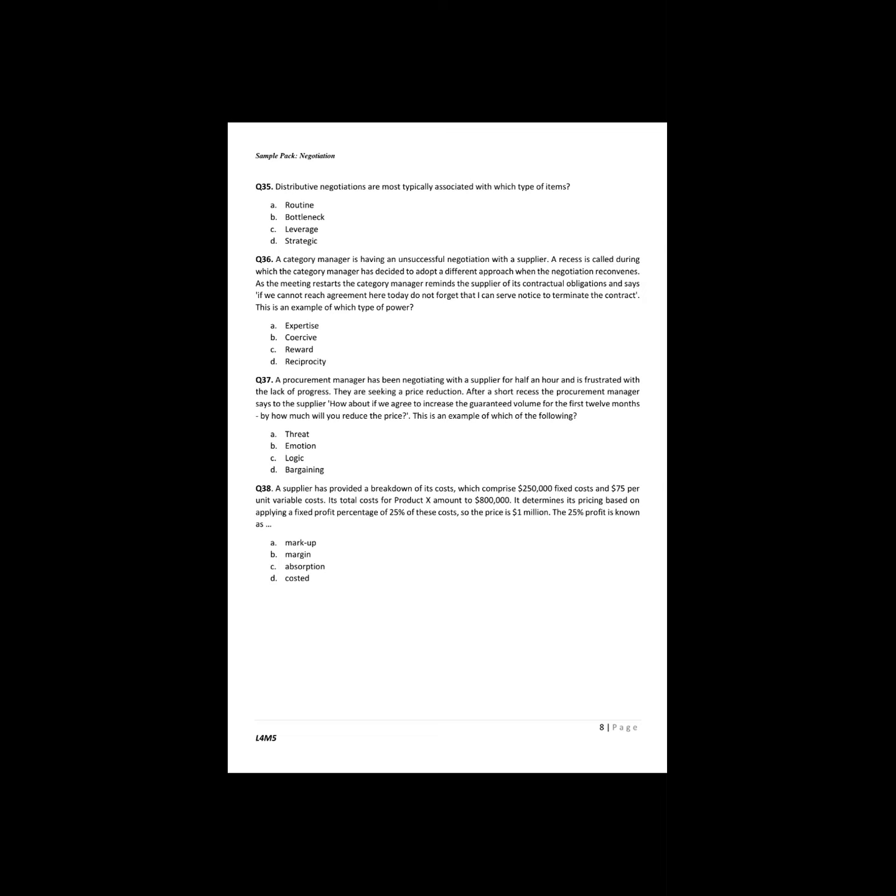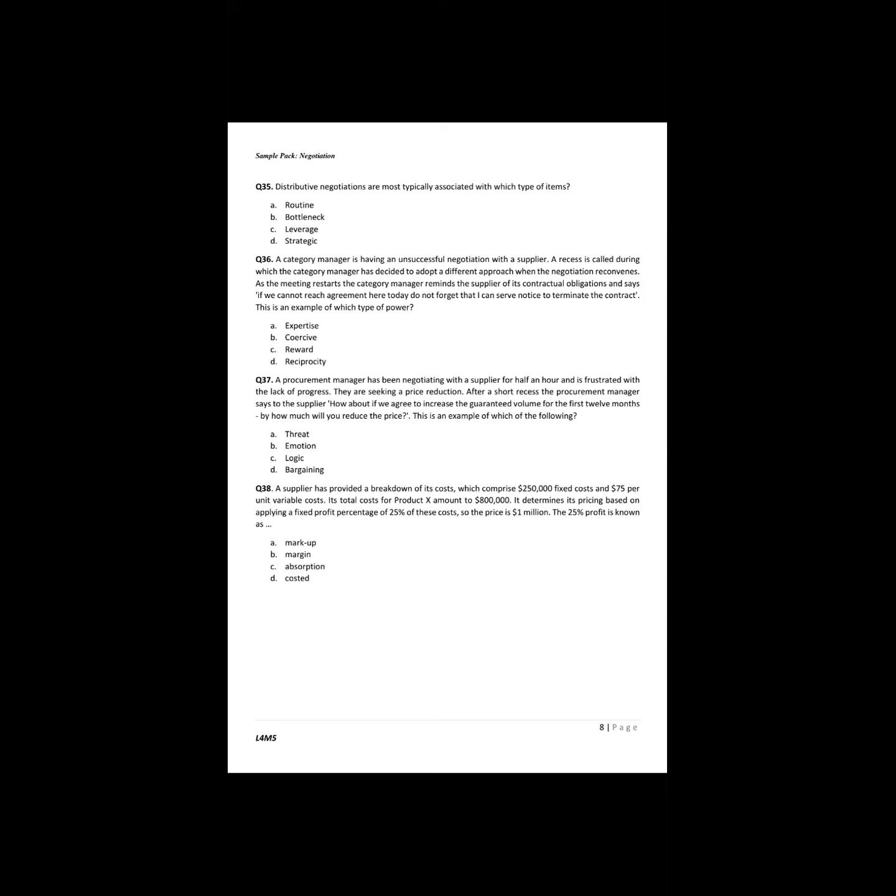Question 38. A supplier has provided a breakdown of its cost, which comprises $250,000 fixed cost and $75 per unit variable cost. Its total cost for product X amounts to $800,000.